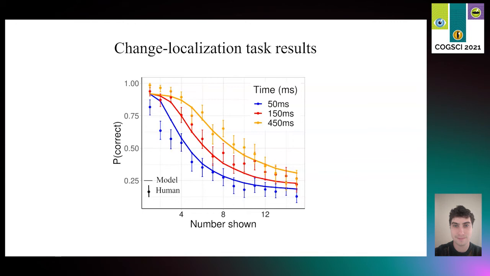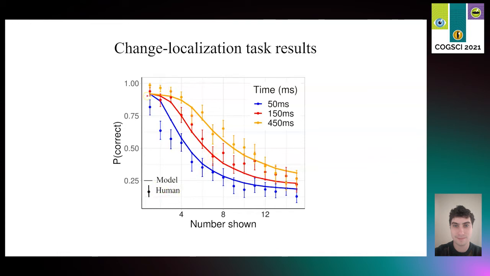Okay, so we can now just jump to the results of this experiment, the key finding. On the x-axis is the number of objects in the scene, and on the y-axis is the accuracy. The model is the lines here, which is fitted to the humans, and the points here are human data.